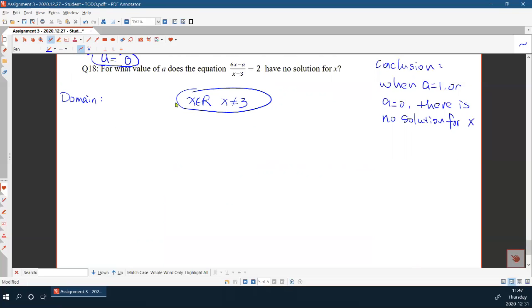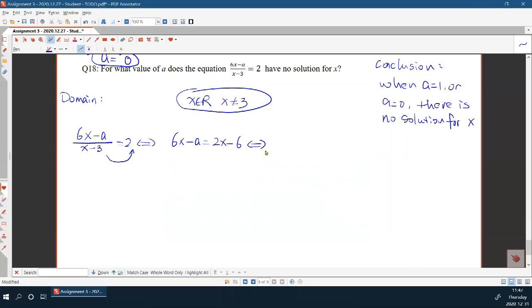Okay, next you can try to solve x. Okay, original equation: (6x minus a) divided by (x minus 3) is 2, which is equivalent to, we can put x minus 3 to the right hand side of the equation, which is 2x minus 6, right?